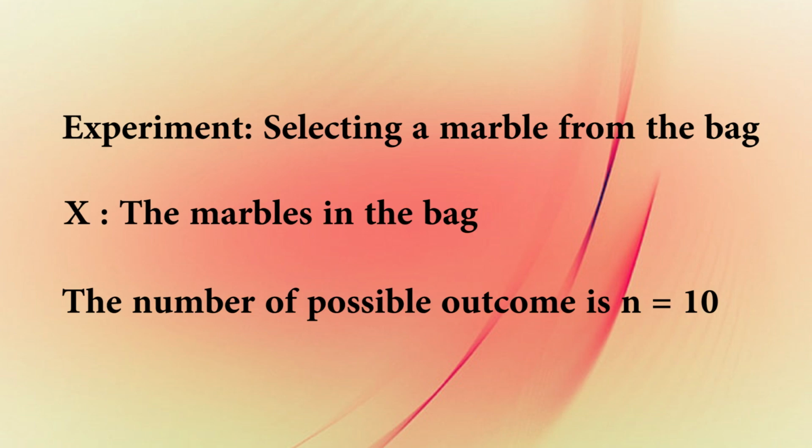In the experiment of selecting a marble from the bag, let us define the random variable x as the marbles in the bag. The number of possible outcomes is 10. That is, n is equal to 10.